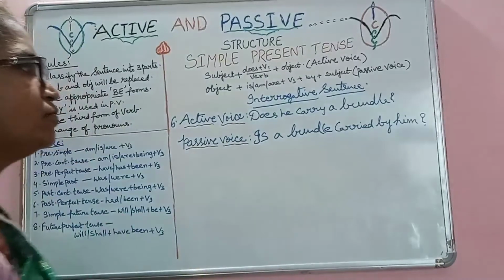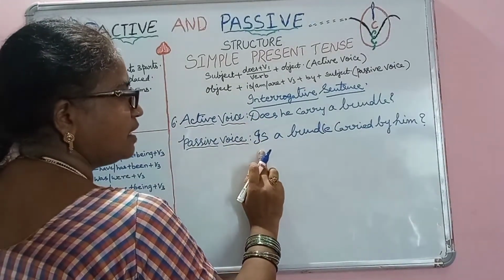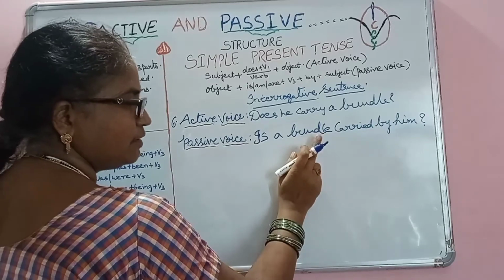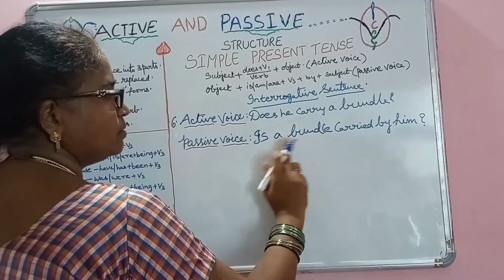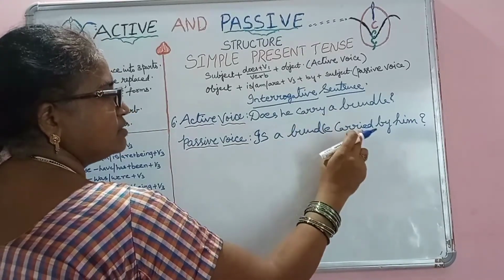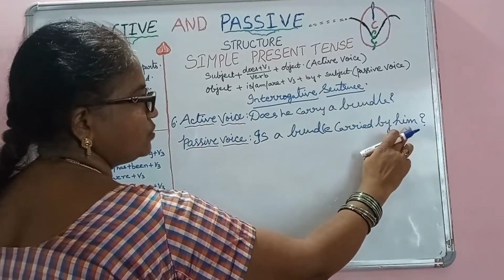So in the passive voice we have to change as does will come to the is, as the bundle is a singular form. So is a bundle, carry changes into carried, by is followed, and he will be changed into him.